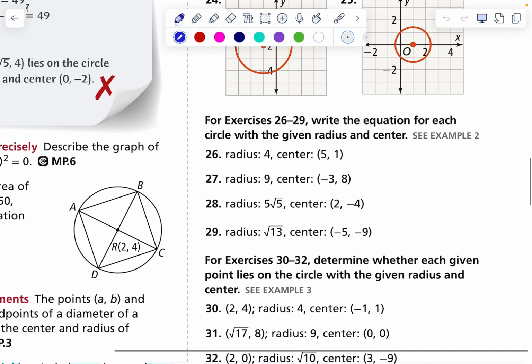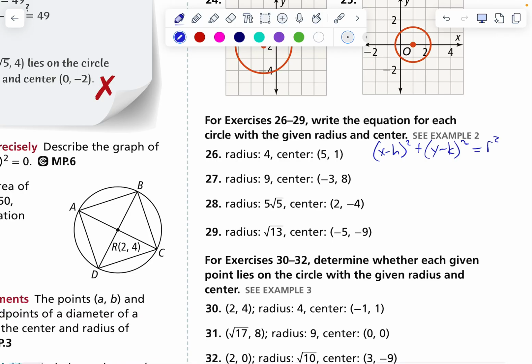First of all, let's write down our equation for a circle. And h in this case is 2. And y is negative 4, so it will end up saying plus 4.